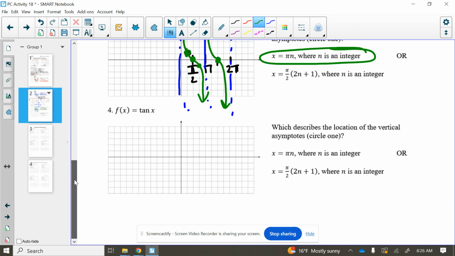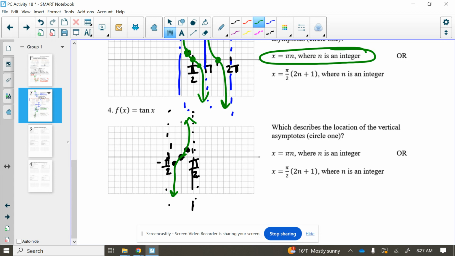Now, our graphs of tangent, on the other hand, start at 0, and then at pi over 4, we're at 1, and then we have that vertical asymptote when we get to pi over 2. And then if we went to negative pi over 2, we would have this vertical asymptote here, and through here we see that always increasing nature with tangent.